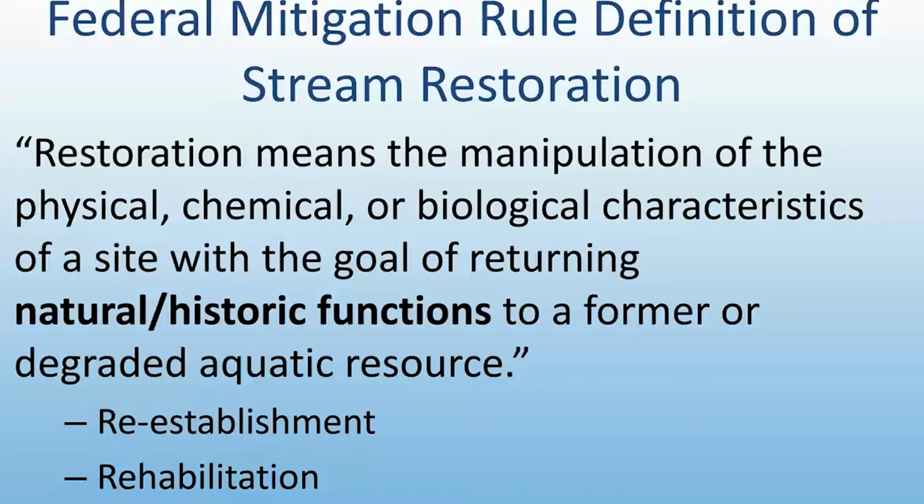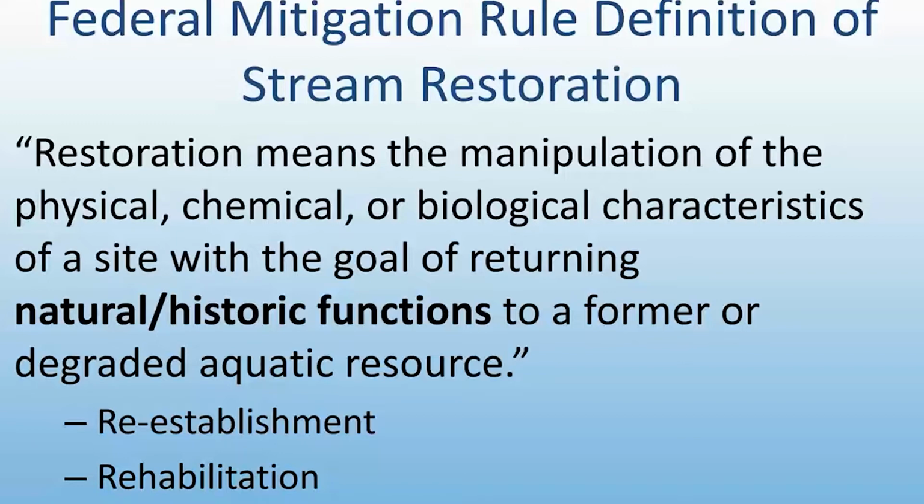We primarily focus on the federal mitigation rule definition of stream restoration, where restoration means the manipulation of the physical, chemical, or biological characteristics of a site with the goal of returning natural/historic functions to a former or degraded aquatic resource. And then they lump reestablishment and rehabilitation underneath the restoration goal.